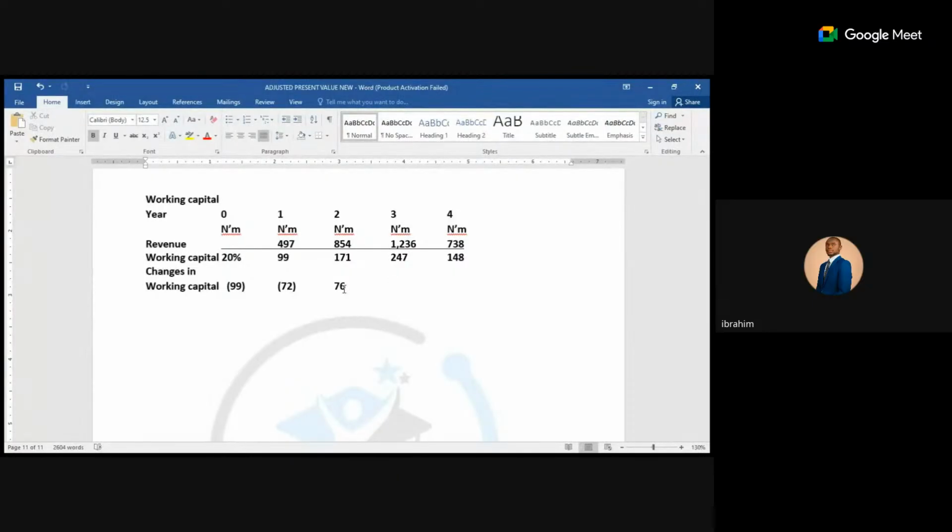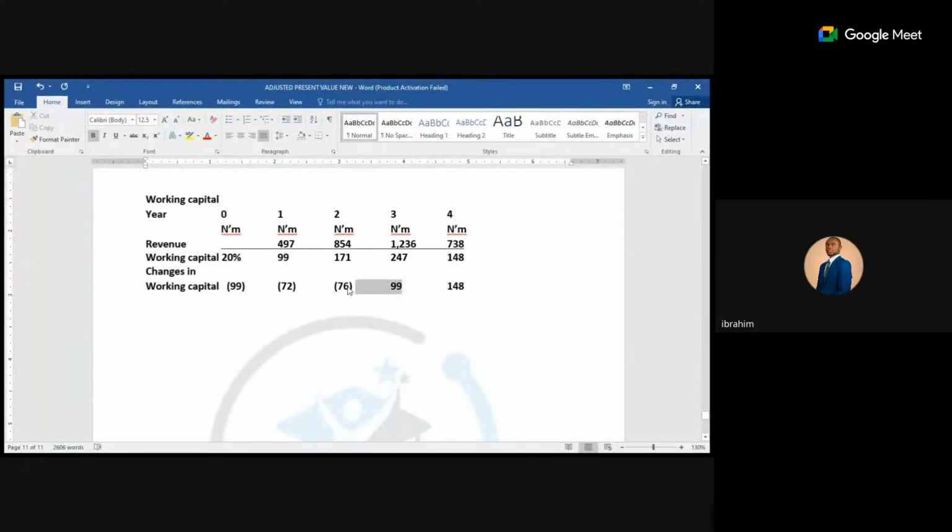What do we have here? What is the increase? 99. It is not an increase, right? Yes, it's a 76 decrease. It's a decrease, 99. In the last year, 148 minus 0. You recoup back your investment. You have 148.